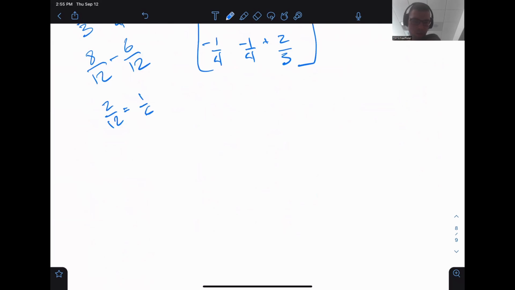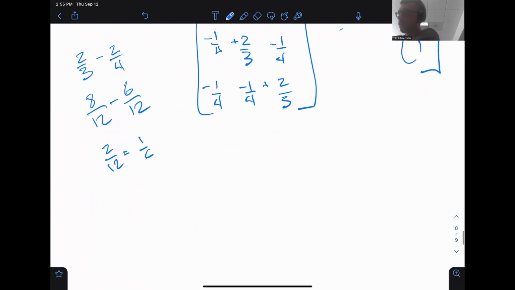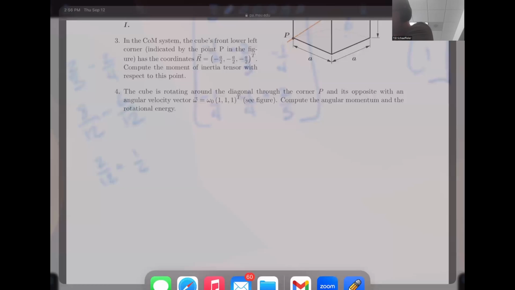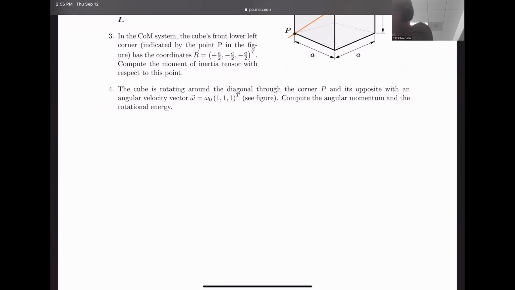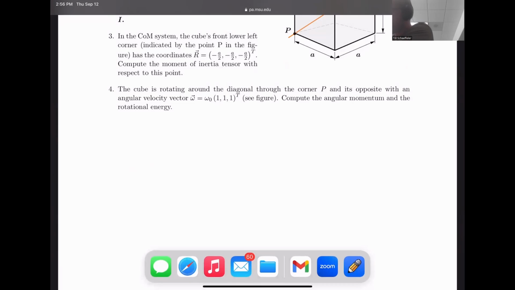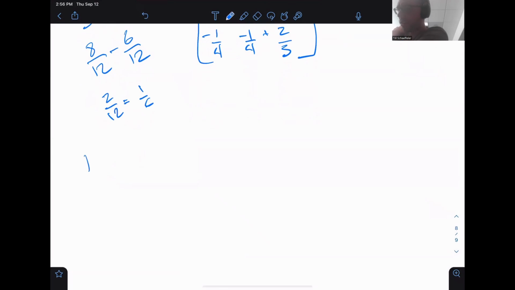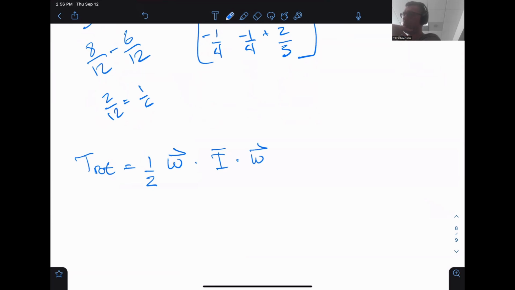And now the formula for the last part is to compute the rotational energy. Okay. So the rotational energy is equal to 1/2 times the angular velocity times the tensor times the velocity again.